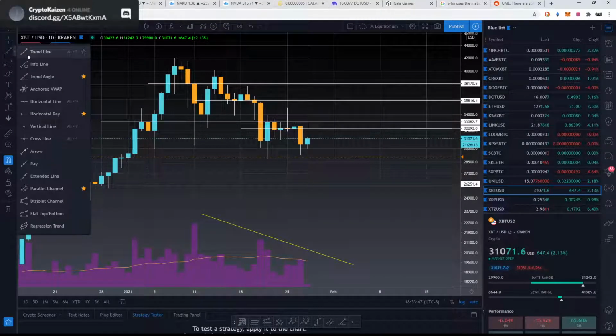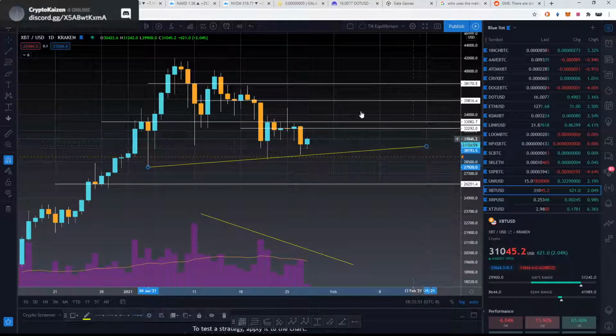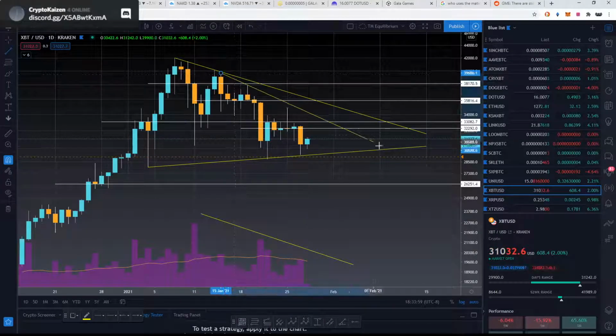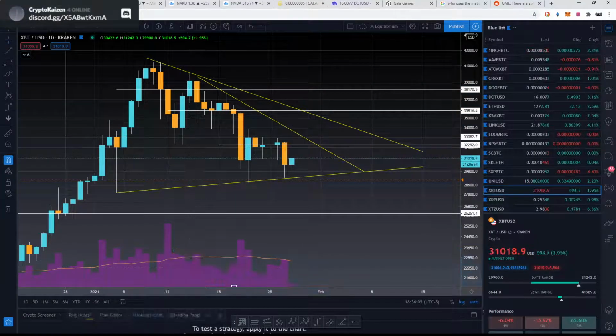The other thing I like to do is just kind of map out what kind of flag or triangle or any kind of trend lines we might have going here. So a couple of trend lines up and down. Now we can kind of see what we have. We're looking at supports and resistance. The first white line here obviously is our next resistance we really want to get by on the weekly.